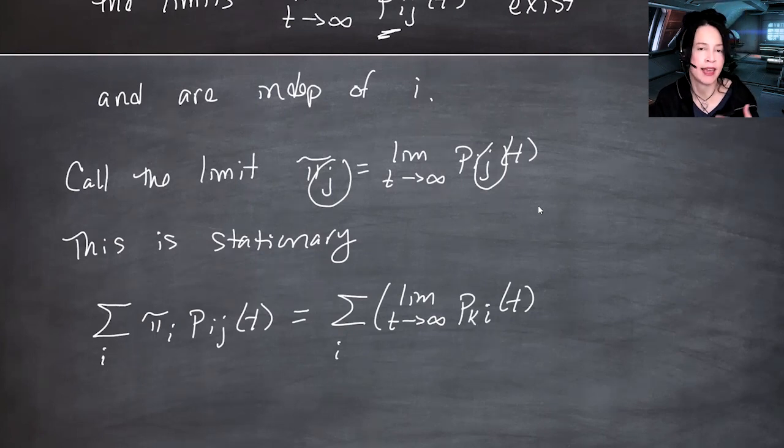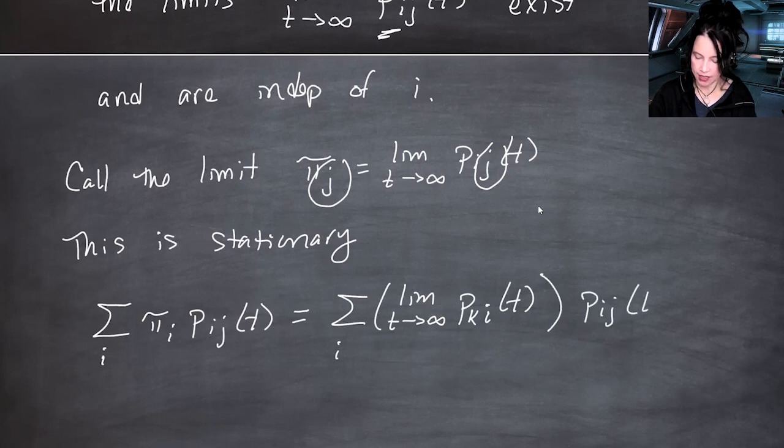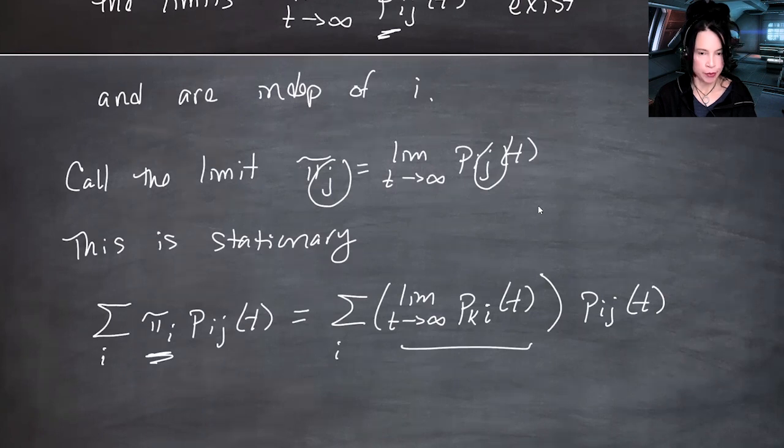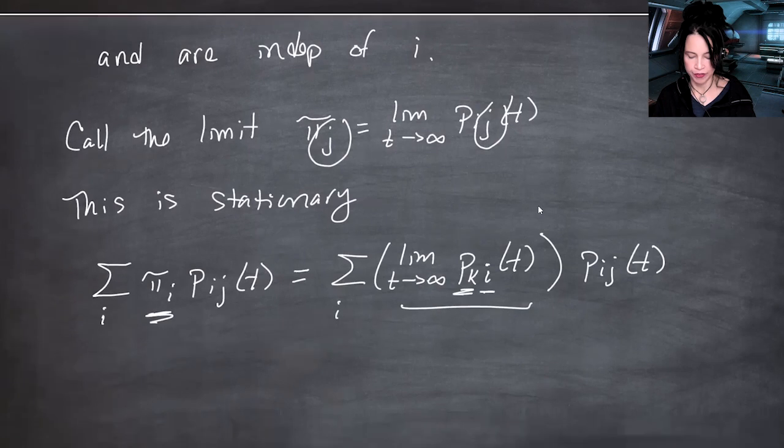So let's say p_ki(t), and k is irrelevant, and then p_ij(t). So I just replaced pi_i with a limit, and the limit is the probability of moving from any place to i in t units of time as t goes to infinity.